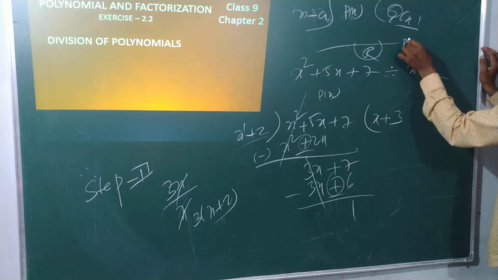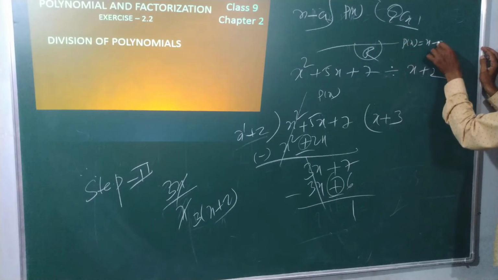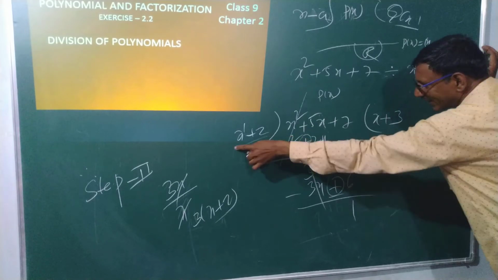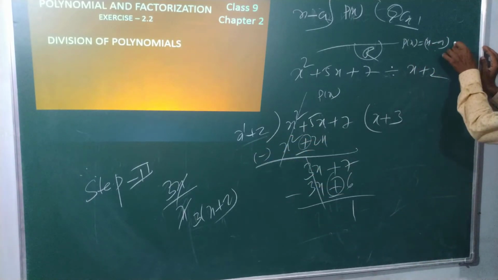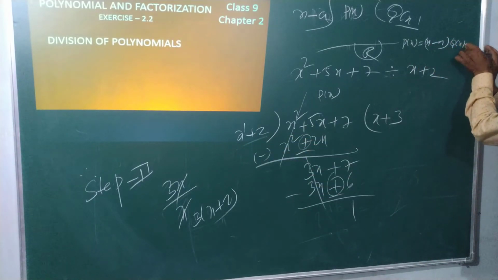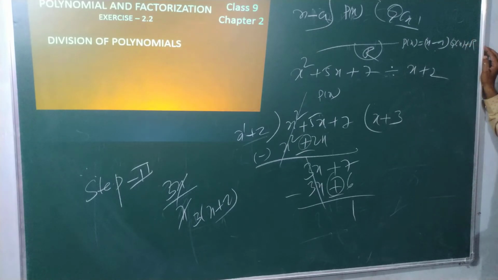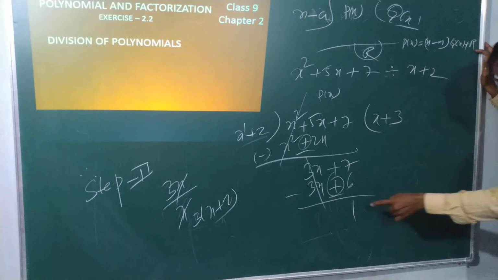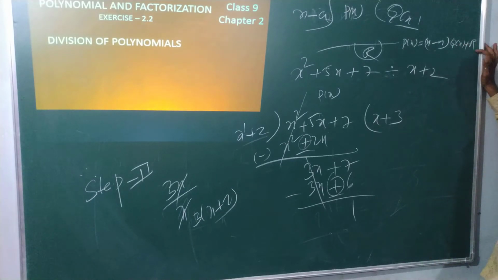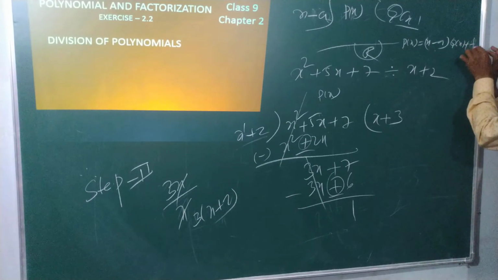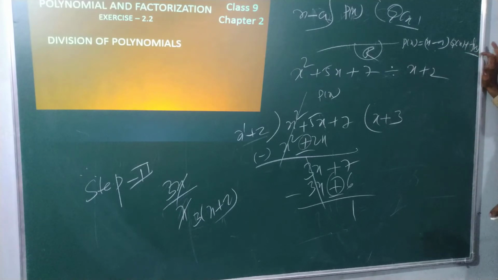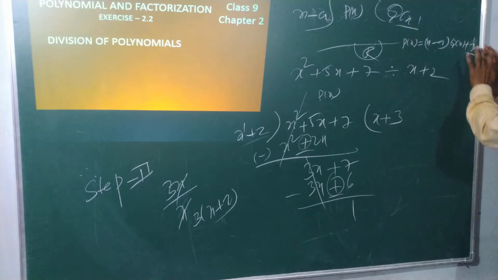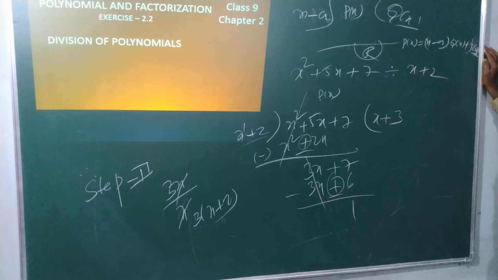We can write p of x is equal to x minus a into q of x plus remainder r. This r we can call f of a. I will explain now why we take f of a.